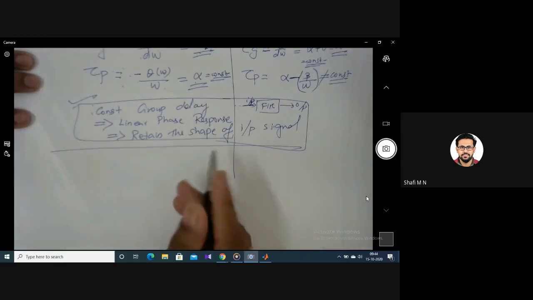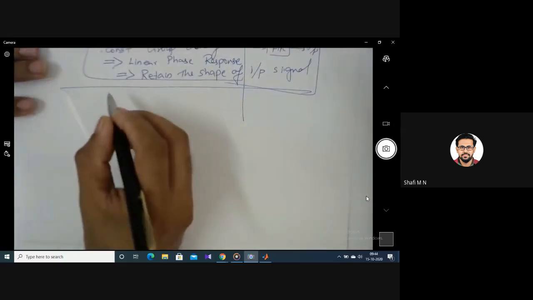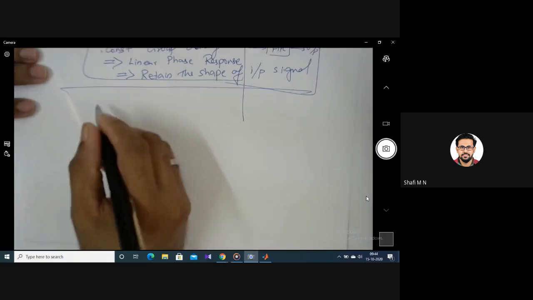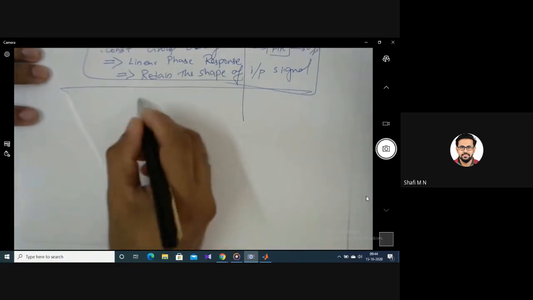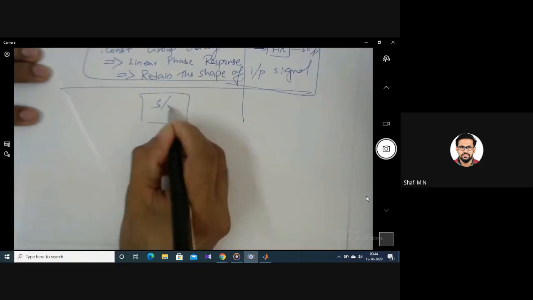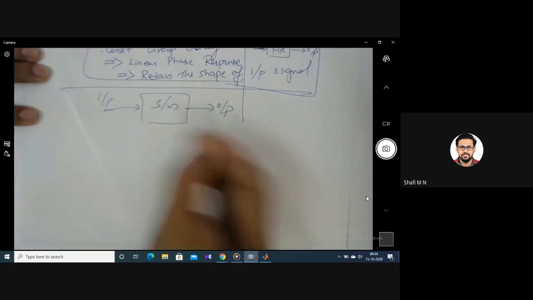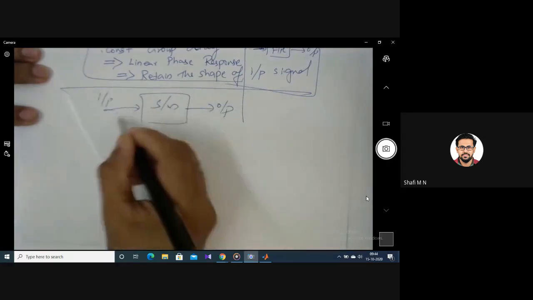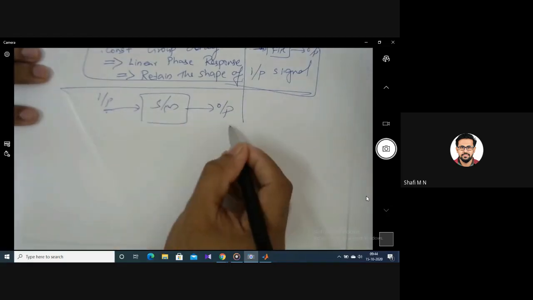Okay. Regarding the term group delay: phase delay is the delay that occurs in the phase of one particular single signal, the phase shift. See, it's a system. You're giving the input over here and you're getting the output over here. This will not happen instantaneously. There will definitely be a delay. We connect from the source to the load.